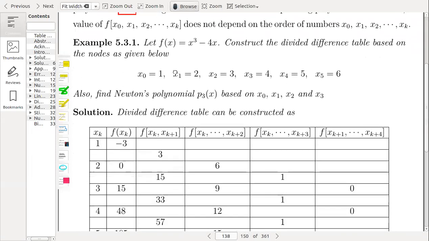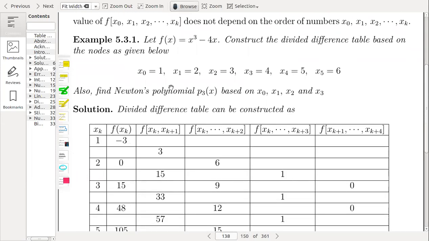So here we can explain with an example. Example 5.3.1. Let f of x be equal to x cubed minus 4x. Construct the divided difference table based on the nodes as given below.